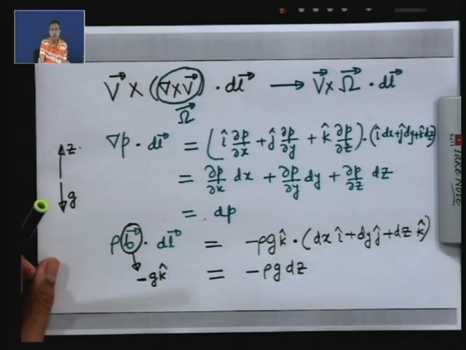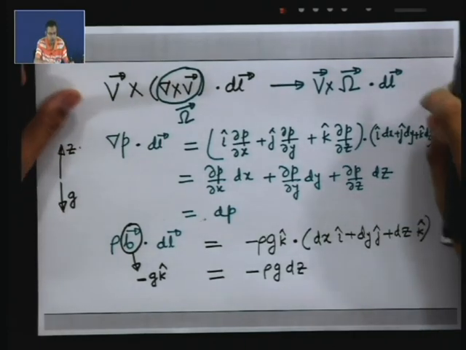So, we have simplified all the terms in all the equations, and now let us combine all the terms.